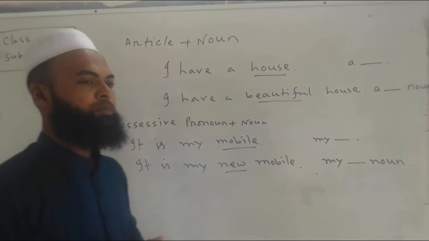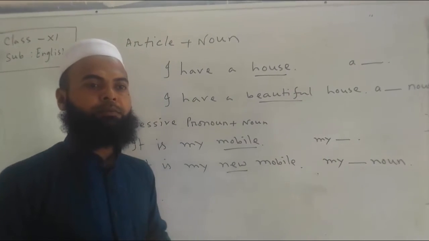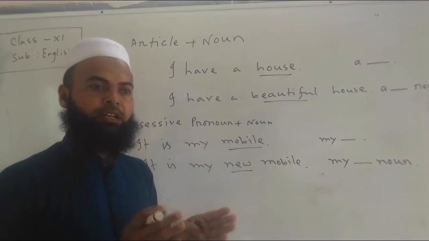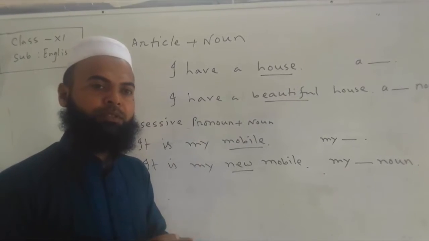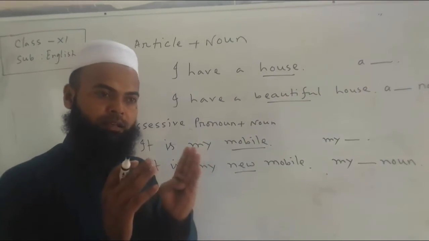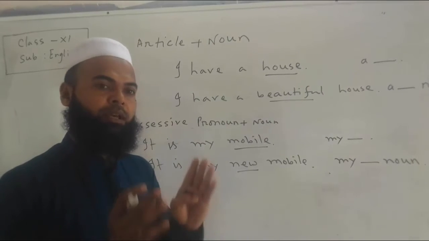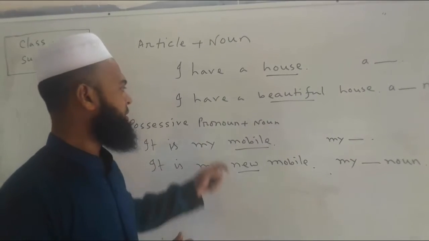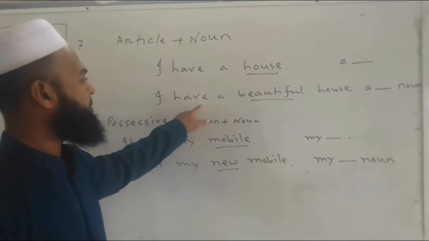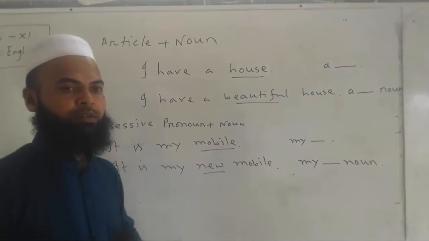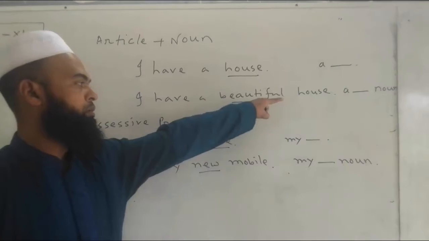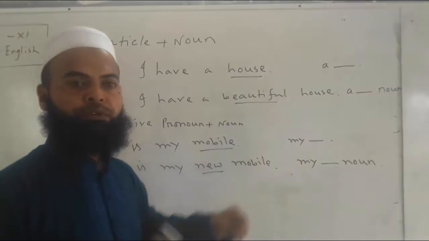But sometimes we find an adjective between an article and a noun. Look, I have a beautiful house. What type of house? A beautiful house.